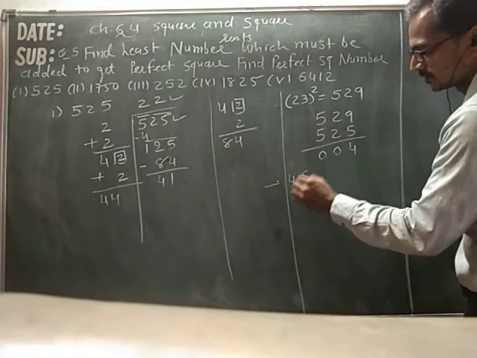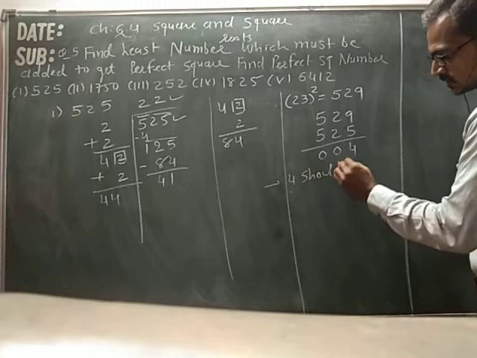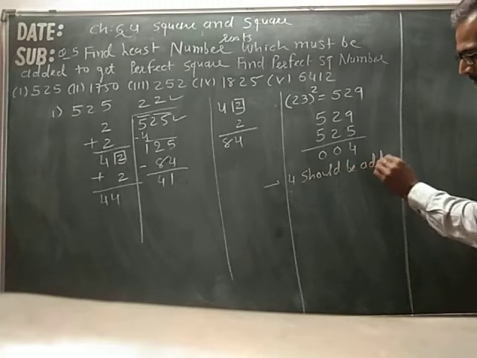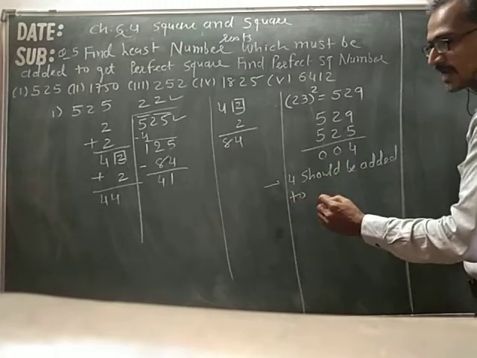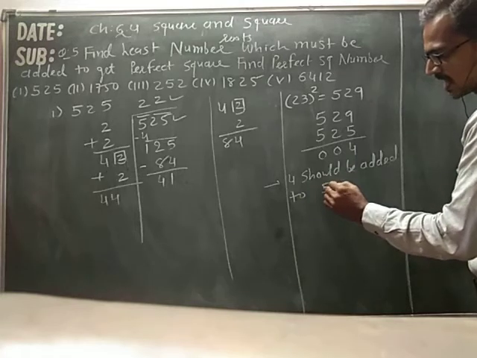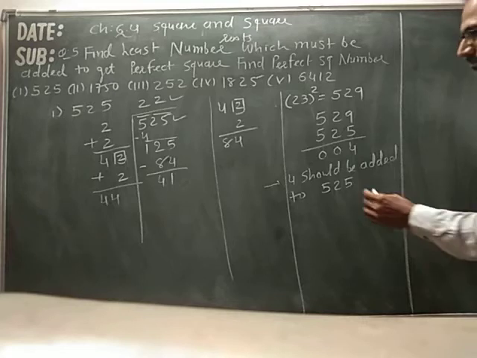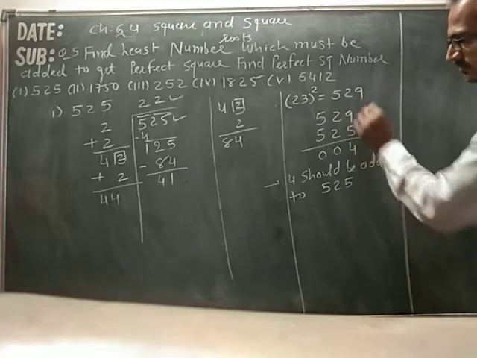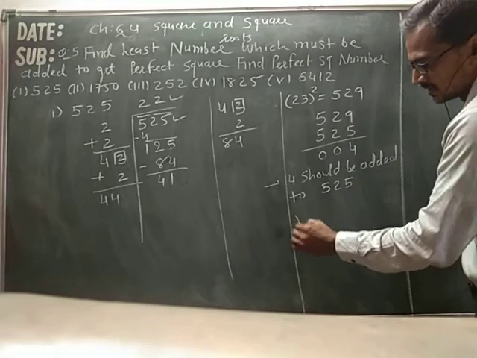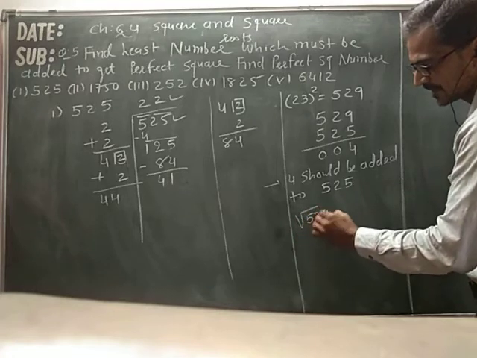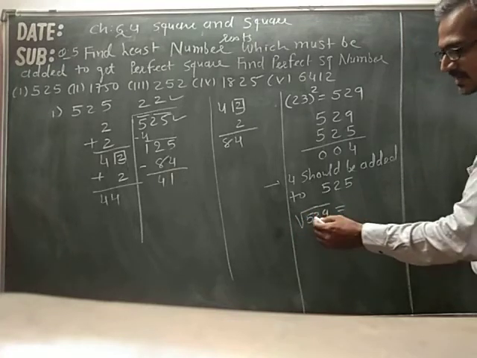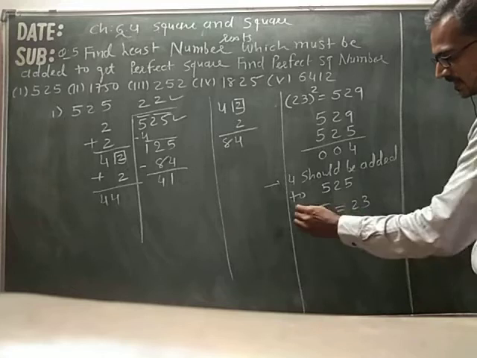So 4 should be added to 525, and we want the square root also. So the perfect square number will be 529. Its square root will be 23.